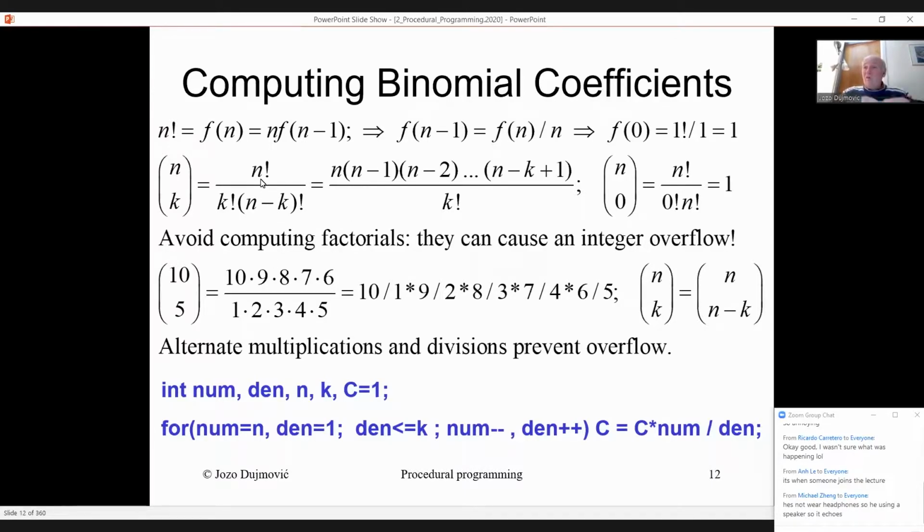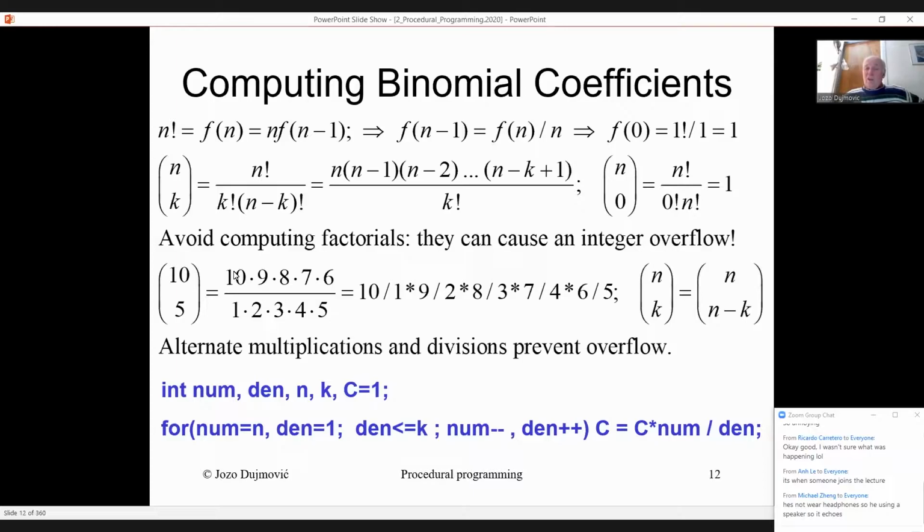And you can easily have n equal to 300 that a big bank has in an area. And you cannot compute 300 factorial because this is a huge number. So you cannot naively compute 300 factorial and k factorial and divide these things.